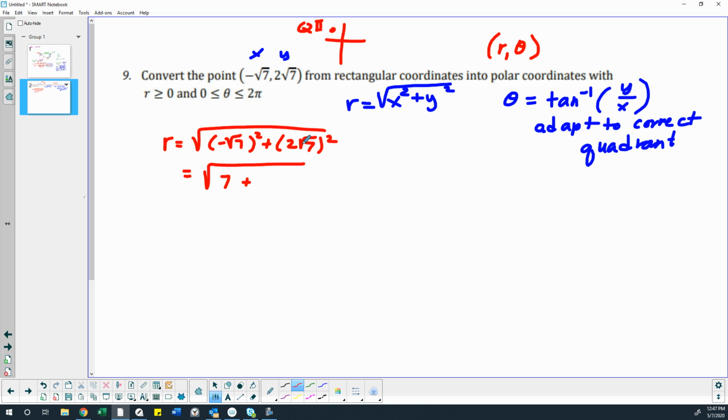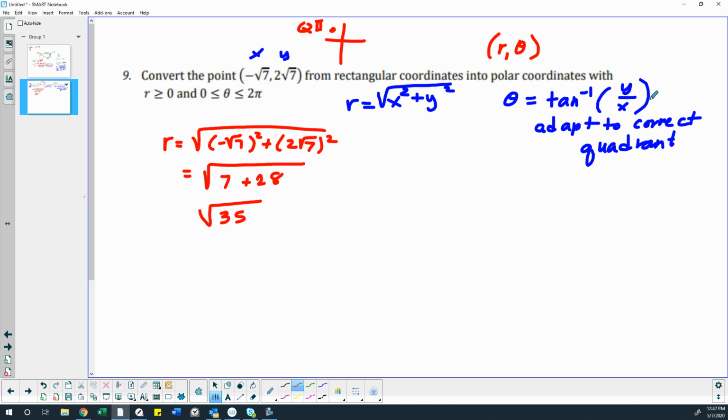And then 2 square root 7 squared, we square the 2, which is 4, and then square root of 7 times square root of 7 is 7, so 4 times 7 is 28. So 7 plus 28 is 35, right? 35. So we can't simplify that radical at all. It's just going to stay square root of 35. We don't want an approximate decimal or anything like that.